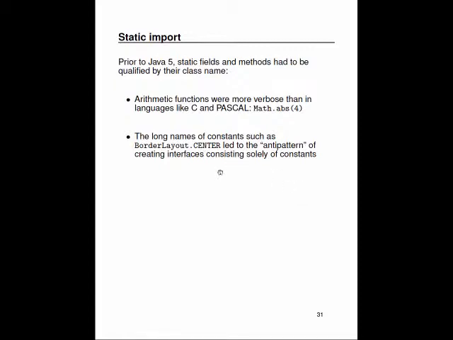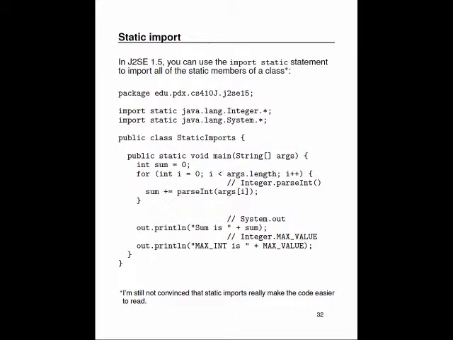And things like that. So as a result, they introduced this language feature called the static import, which allows you to say, I want to import all of the static members, all the static fields and all the static methods, from java.lang.Integer and java.lang.System.